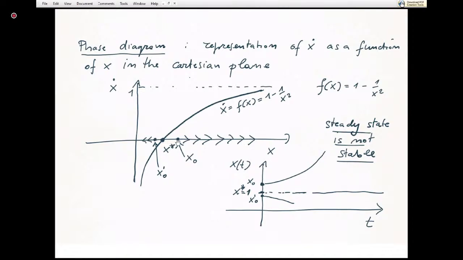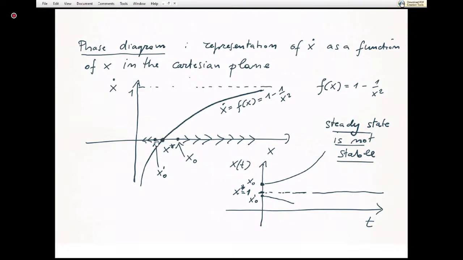If it grows over time, the movement, remember that the level of the variable is in the horizontal axis, is to the right. And these are the arrows of motion. Now, the value of the variable is here. What is at this point the time derivative? It is still positive, even larger than before. Okay? So it grows. Clear? It moves away from the steady state level to the right, to larger values of the variable.